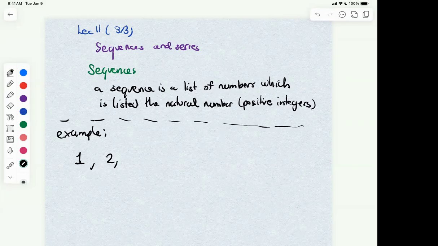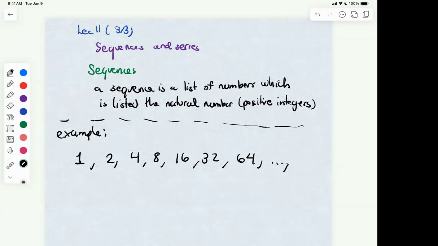So you have 1, 2, 4, 8, 16, 32, what would be next, 64, and so on. The way I'm writing it, it is listed with a particular order. So it matters that 1 is the first element in the sequence, 2 is the second element, 4 is the third element.